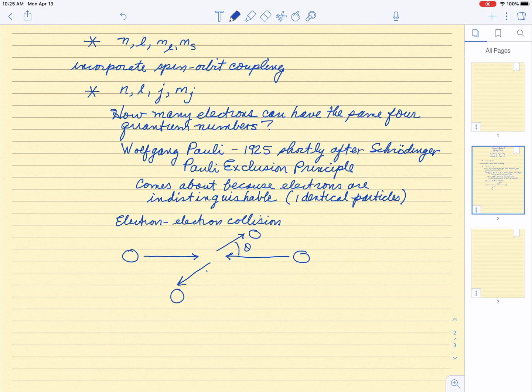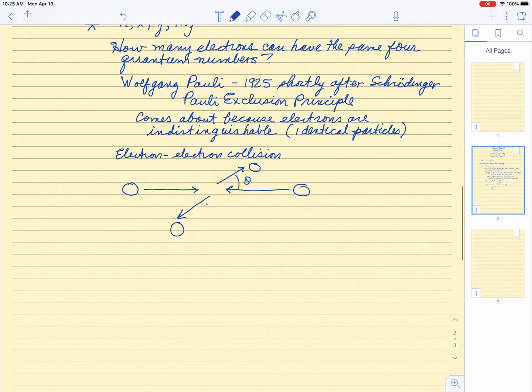And let's think about this. There can also be another way of looking at this. So this electron's going to go this way, this electron's going to go this way.